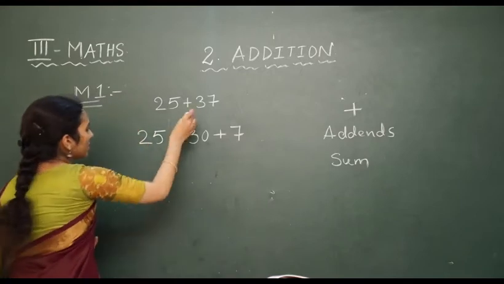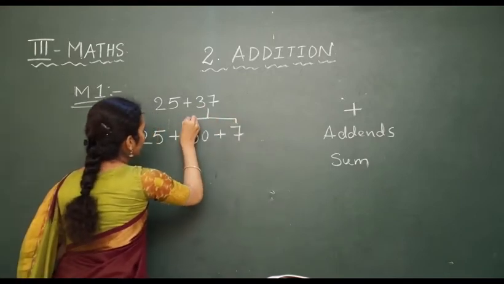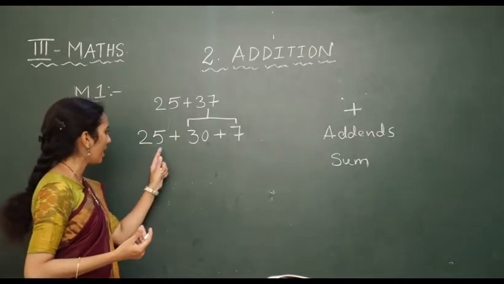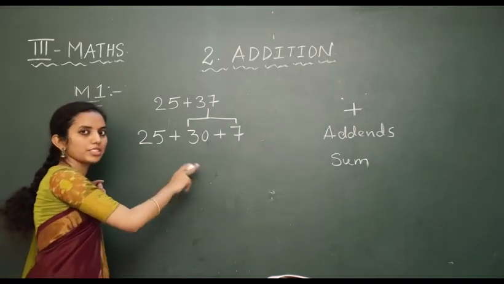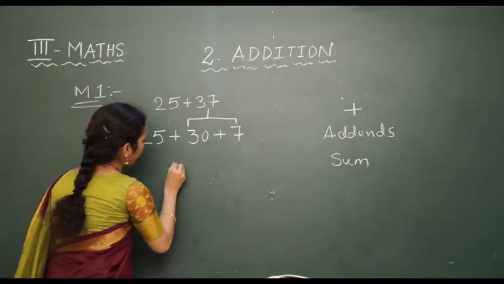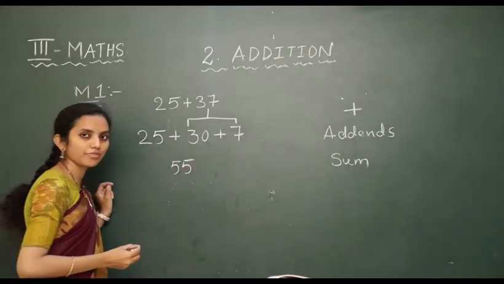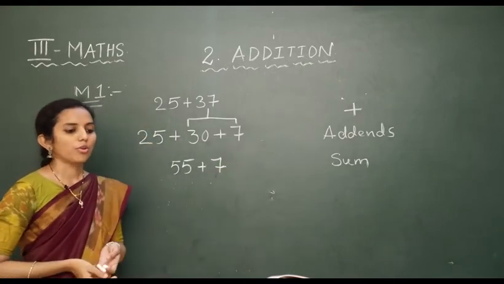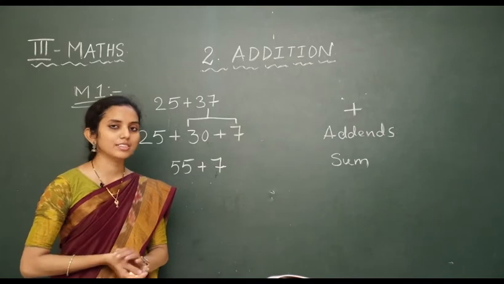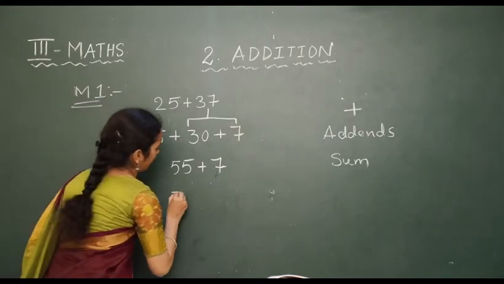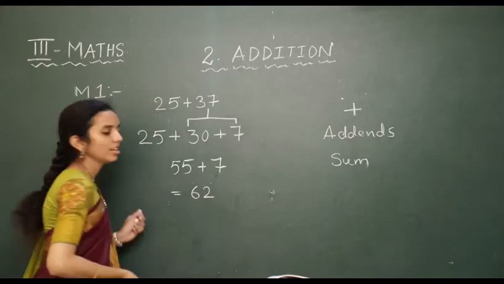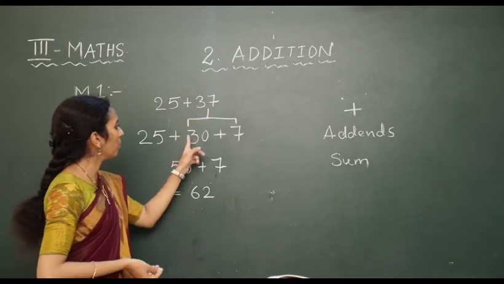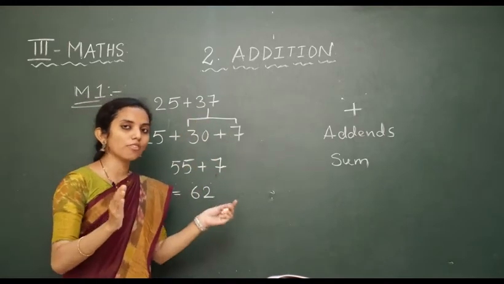Now it is easier for us to add these two numbers: 25 plus 30 is 55, and 55 plus 7 is 62. So this is one method of doing addition, that is breaking one number, that is splitting of one number.